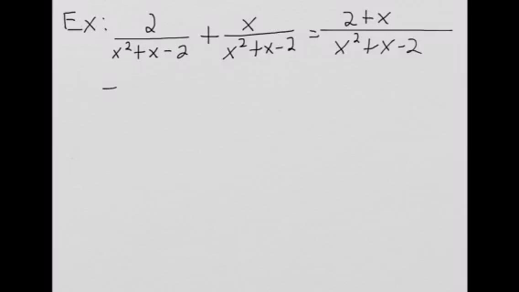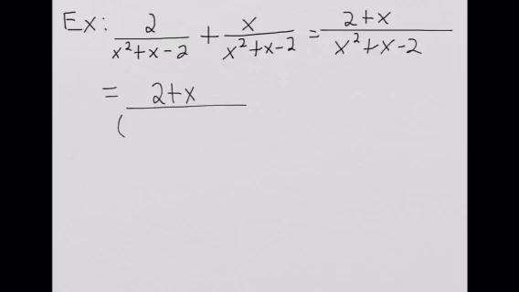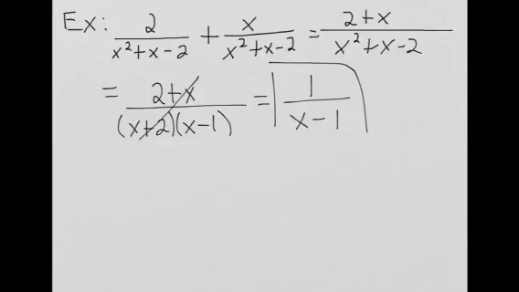The 2 plus x stays on top, I'm not doing anything with it, but the bottom factors into x plus 2 times x minus 1. So again, we can cross off our common factors, so the x plus 2's are gone. And we're just left with 1 over x minus 1. And that is our final answer.